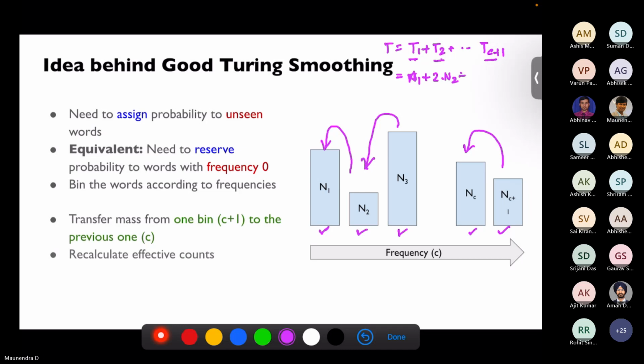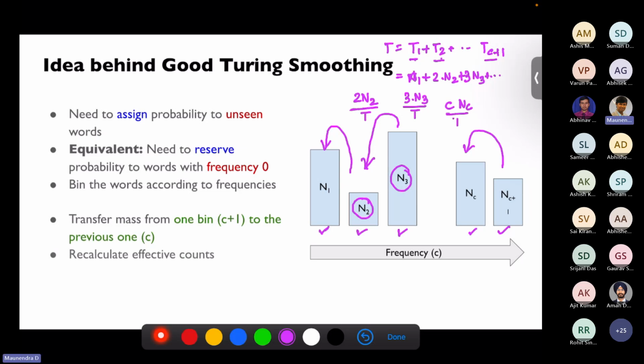There are n3 words for which the frequency is 3, so from them we get 3 into n3 tokens. Now if we look at the total probability mass in the bin for frequency 2, it will be 2 into n2 divided by T. The total probability mass for this bucket will be 3 into n3 divided by T. The total mass here will be C into nC divided by T, and like that.